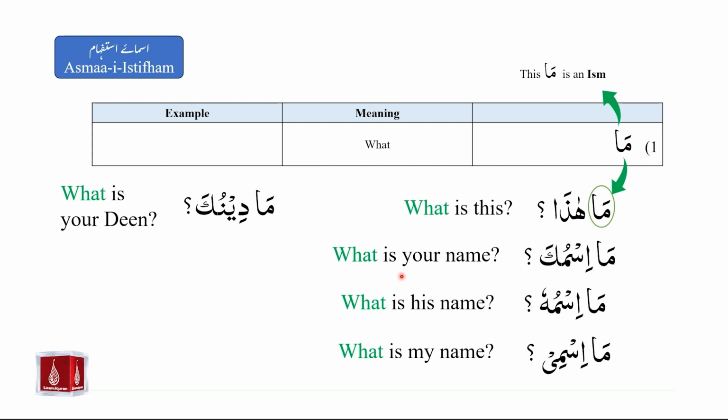Masmuka. What is your name? Masmuhu. What is his name? Masmi. What is my name? Ma dinuka. What is your deen?